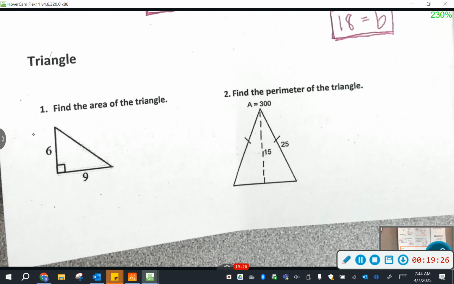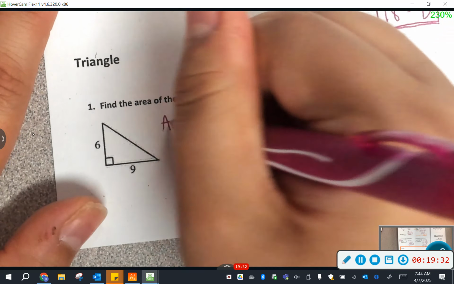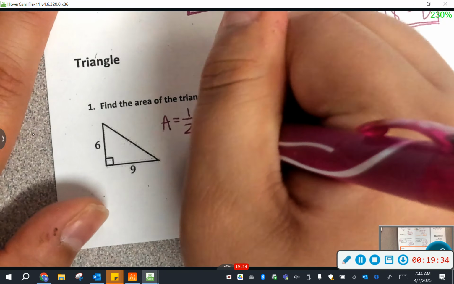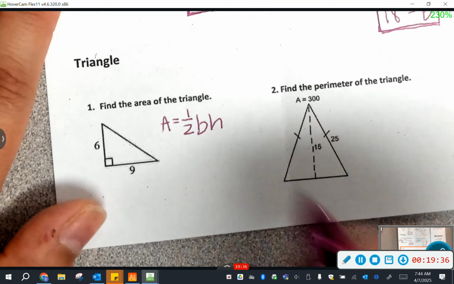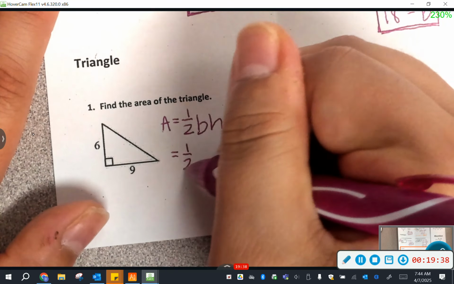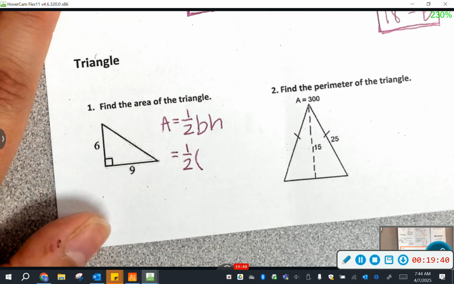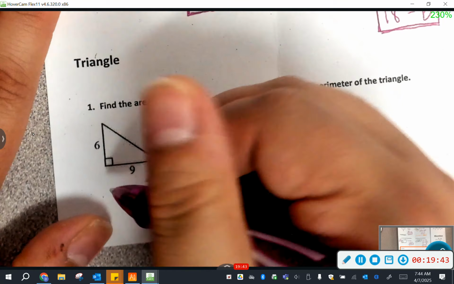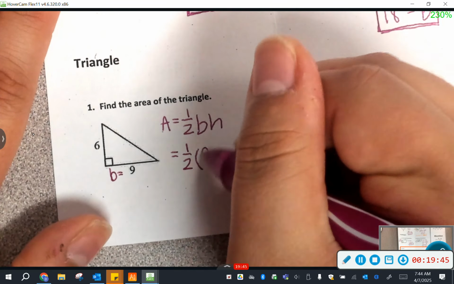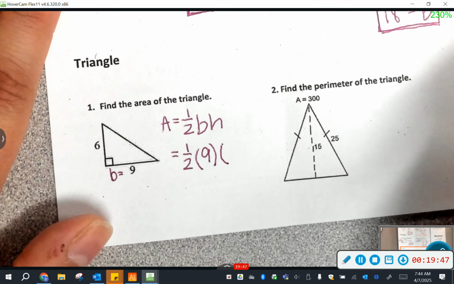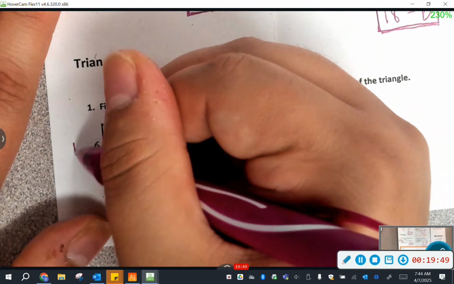So we are going to have to do that here. Area for a triangle is 1/2 BH. What's my base here? 9 is my base. What is my height here? 6 is my height.